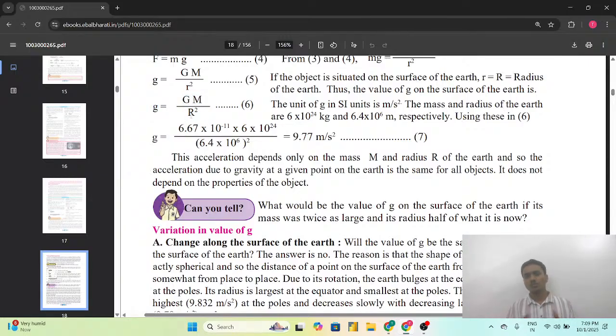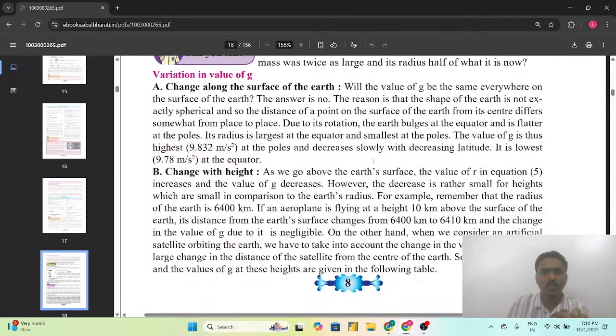If we check the value of the acceleration due to gravity with the radius of the earth, the radius is large at the equator and less as we move towards the poles. As the distance increases, the acceleration due to gravity decreases. As the radius decreases, the acceleration due to gravity increases. And as the distance gets large, the value of the acceleration due to gravity is 9.78 meter per second square at the equator.